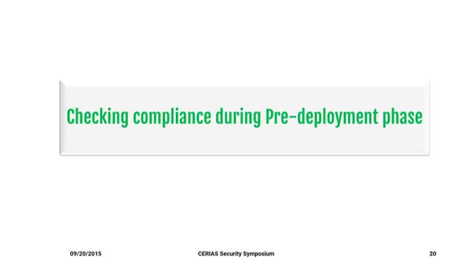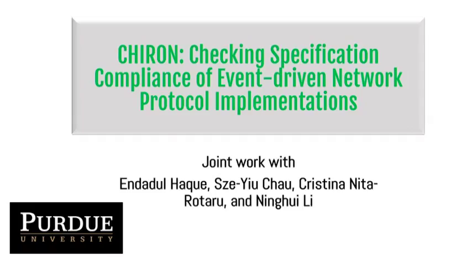This is a very recent work, and it's called CHIRON. It's basically checking specification compliance of event-driven network protocol implementations. It's joint work with Endadul Haq, Siyu Chow, Christina Nita-Rotaru, and Ning Li. One of the audience, Endadul, is in this audience today. So if you have more difficult questions, you can ask him.